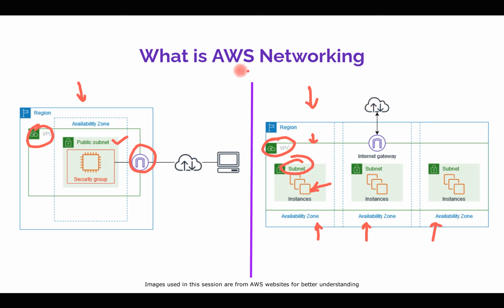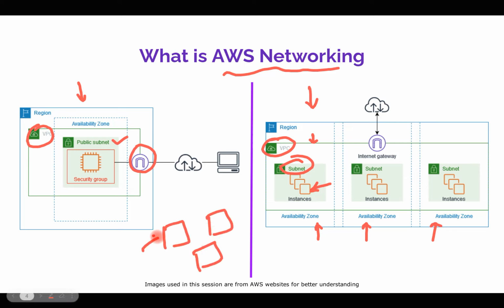But what AWS networking actually offers is that we can separate our cloud infrastructure. Within a region, within our organization, we are working for different departments. We don't want one department to have access to the systems which belong to a different department, right? Or we can have multiple clients.